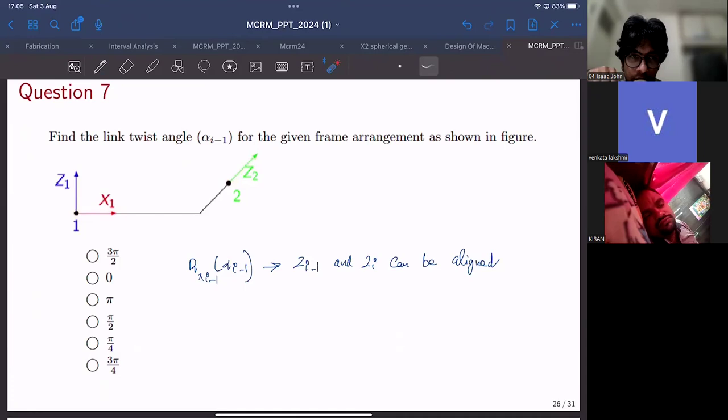That is the twist. Remember, the twist angle only deals with the alignment. It does not deal with the displacement or the distance. So which of the options is the correct answer?